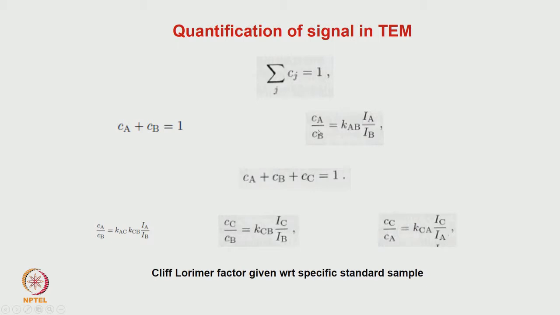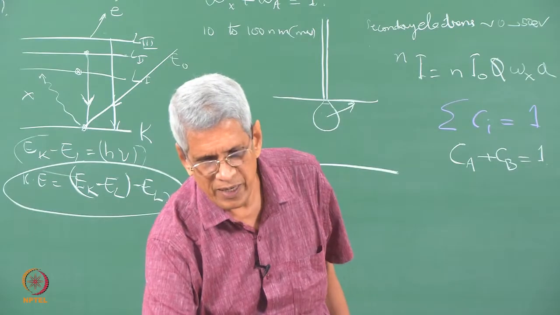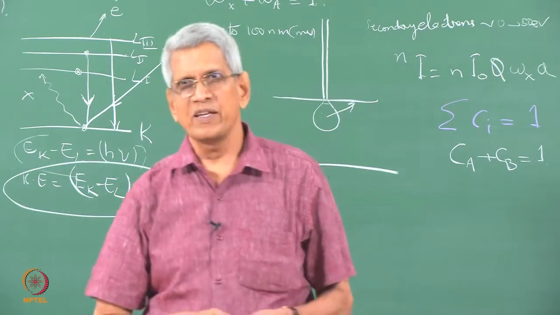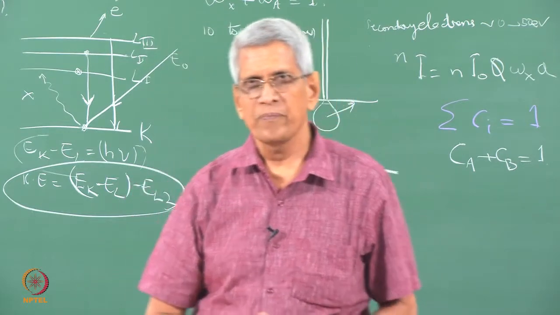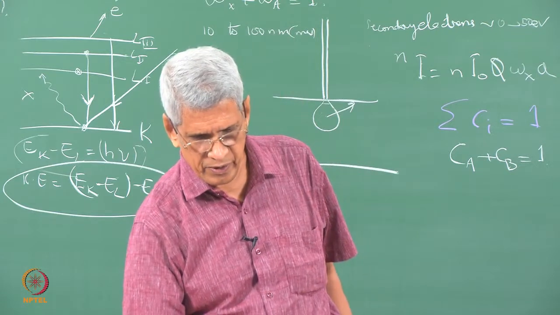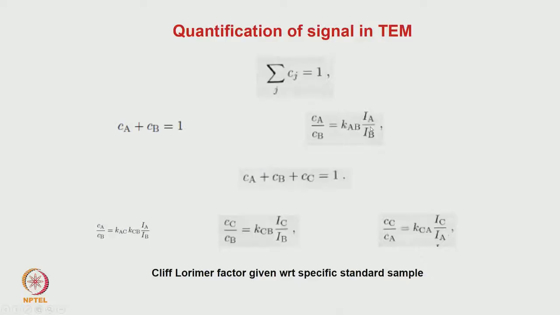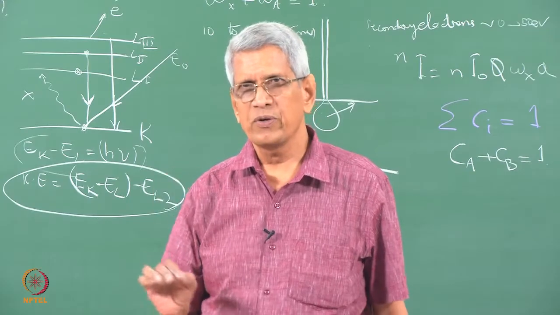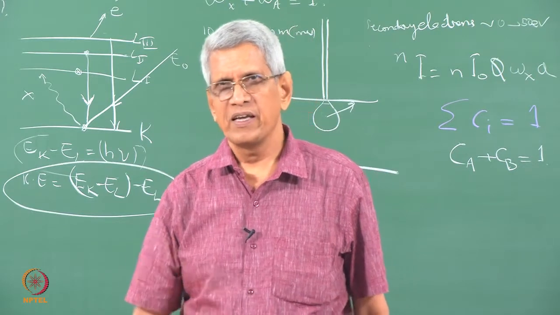Then the same sample is thinned down and examined in a TEM, and you find out the ratio of the intensities of the peaks which come. From this expression we can find out what the value of KEAB will be. That is essentially how we can find out these Cliff-Lorimer factors accurately.